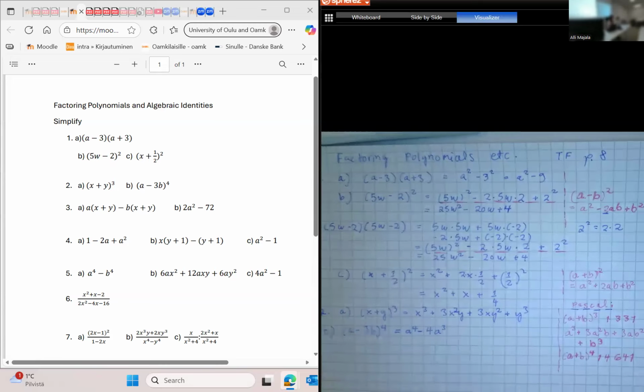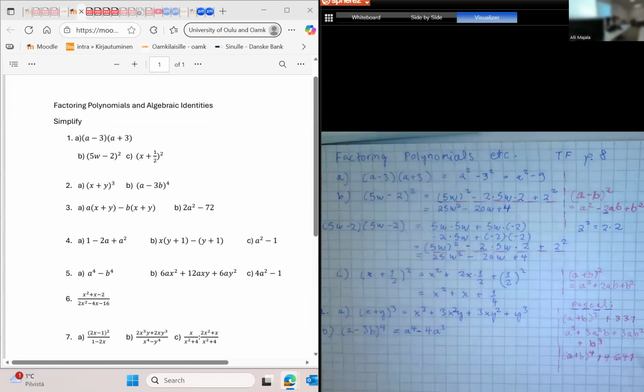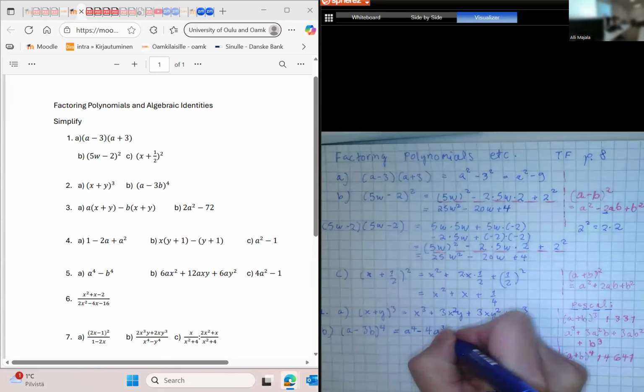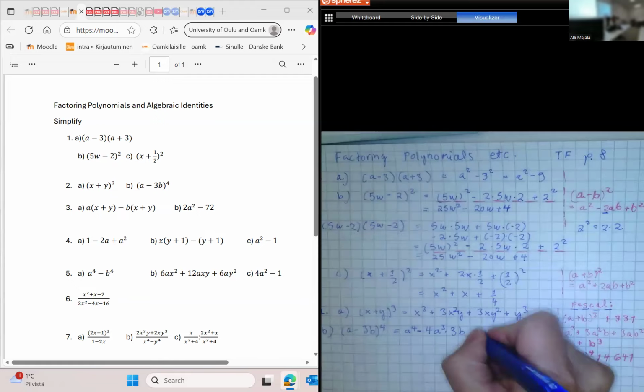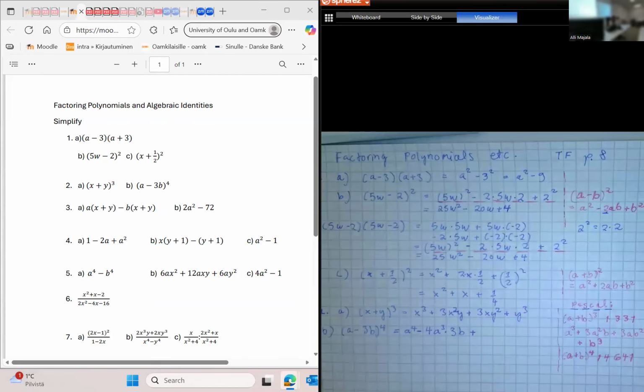So it's one power down. Then I multiply with this next term. But I already have the minus here, so I don't need to use the minus now. Then I put plus. The next one is always plus.